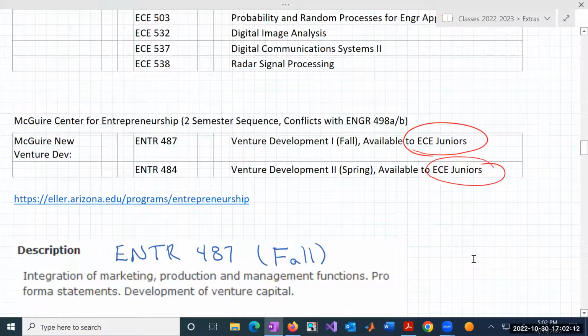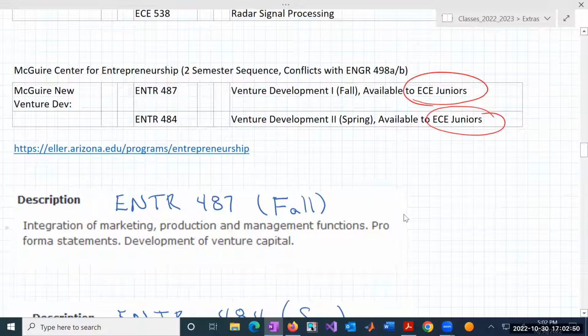Something that you might keep in mind, hopefully maybe we have some juniors watching this. If you are, and you're interested in entrepreneurship opportunities, you'll want to take advantage of those in your junior year, because these particular classes, this 1-year sequence, 2 semesters, Entrepreneurship 487, Entrepreneurship 484, are available to ECE students, but those 2 classes actually conflict with, right now, the scheduling of the engineering capstone on Tuesday and Thursday afternoons.